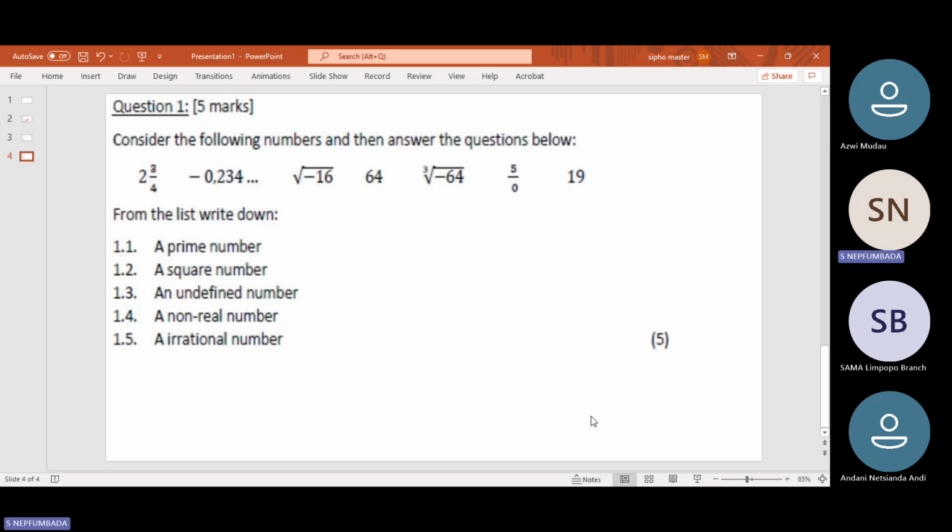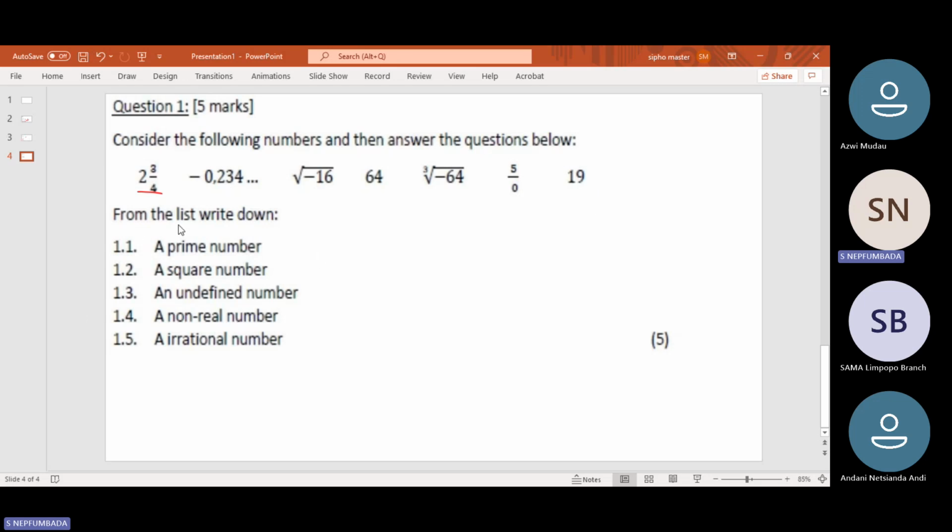So as far as we're concerned, they say consider the following numbers and then answer the question below. We're given 2 whole number 3 over 4, minus 0,234, square root of negative 16, cube root of negative 64, 5 over 0 and 90.